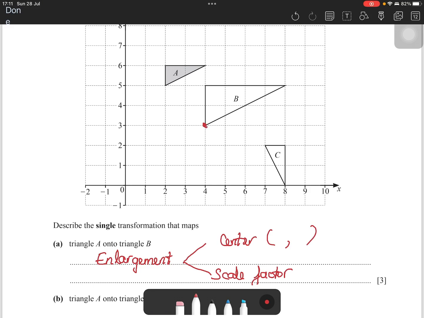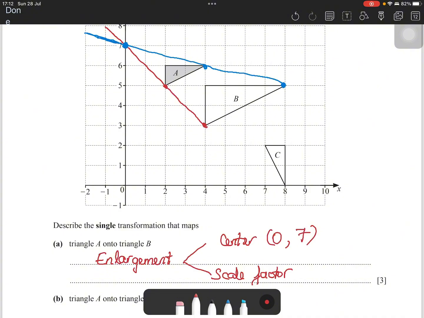For example, this vertex corresponds to this vertex, so we join them together. And then, this vertex corresponds to this vertex, so we also join them together. And we see that they meet at the point 0, 7. So the center is 0, 7.